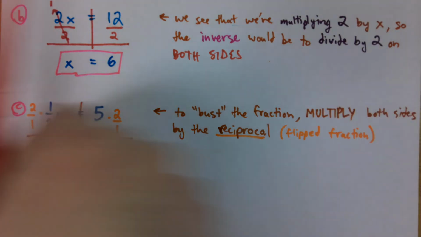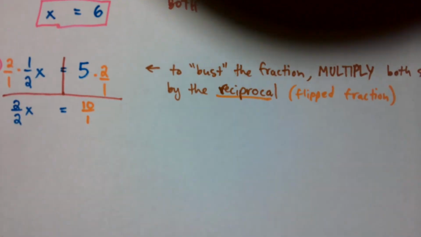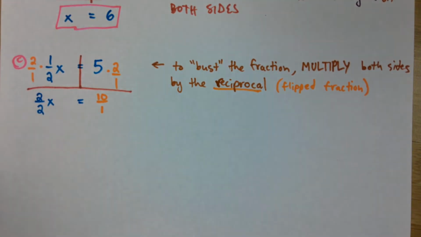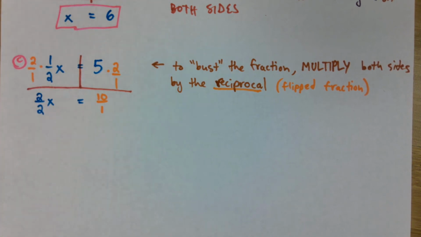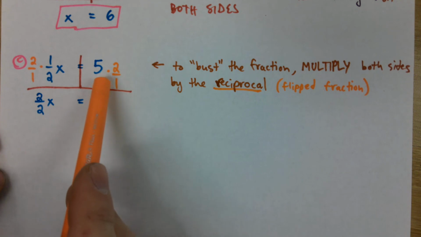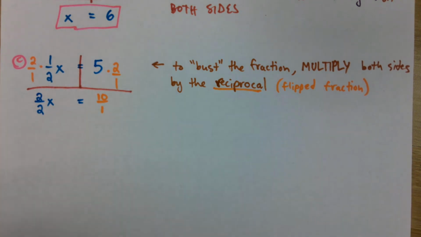Again, when we're multiplying fractions, we just multiply the numerators across and the denominators across. So on the left, we have 2 times 1 over 1 times 2. That just gives us 2 over 2. But on the right, we've got 5 times 2 over 1 times that invisible 1.